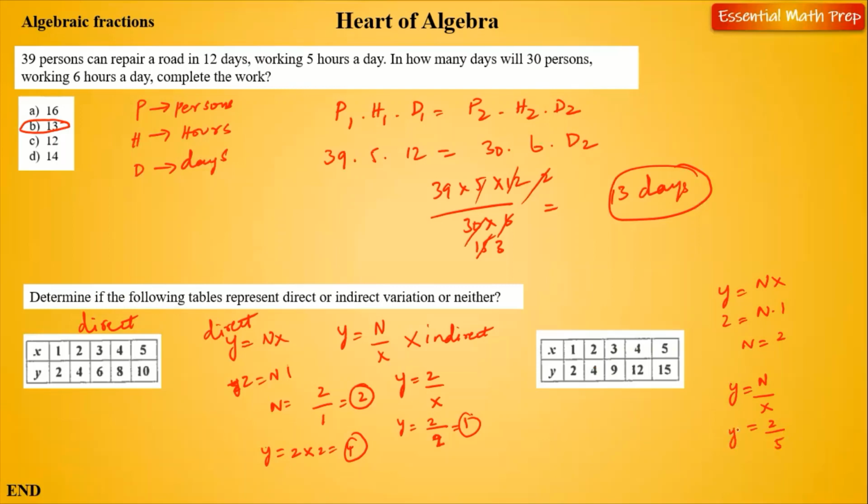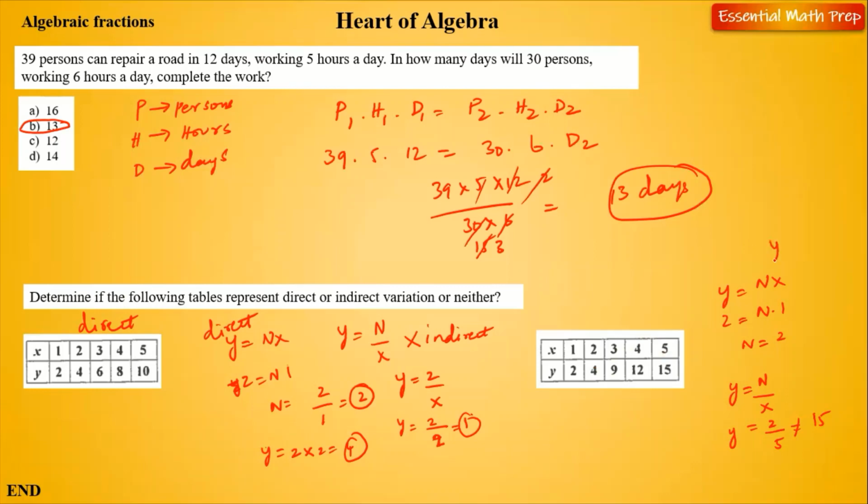Sure, that's not getting 15, right? If you substitute n as 2 and you substitute x as 5, that means we should have got 15, right? But we didn't. You got 2 over 5. That's definitely not 15, right?